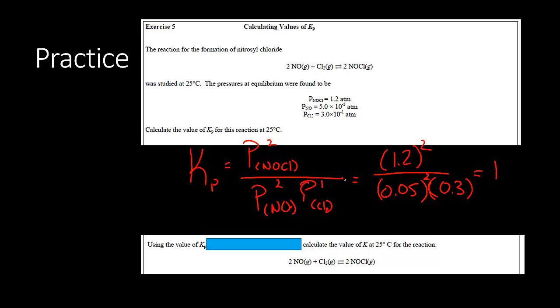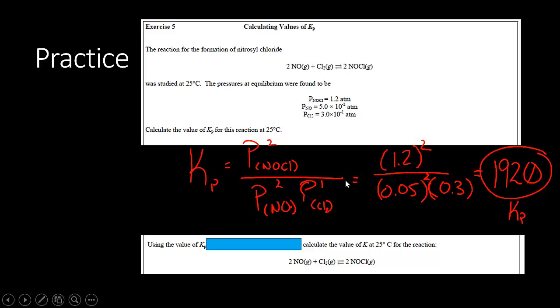And we get the value of Kp at 25 degrees is 1920. We can use that value to determine the equilibrium constant in terms of Kc.